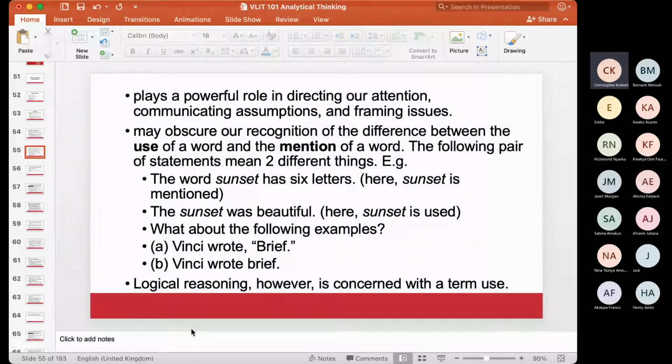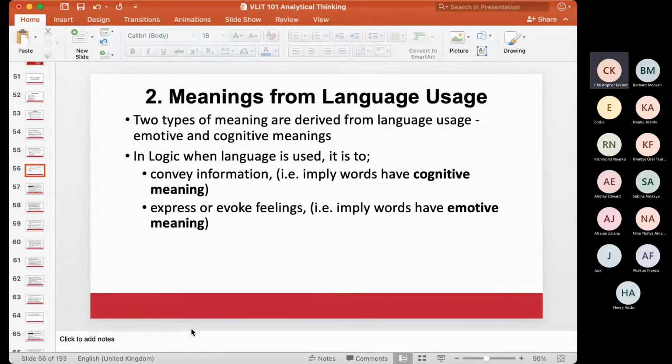Logic or logical reasoning is concerned with the use of terms and the terms being used correctly. Anytime we engage ourselves using language, some kind of meanings stem out as a result. What are some of the meanings that we derive?